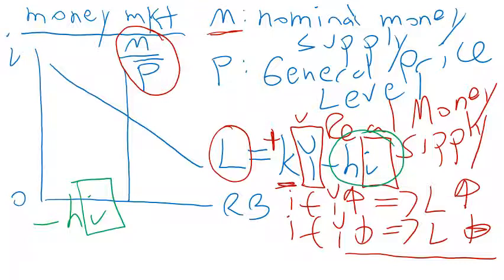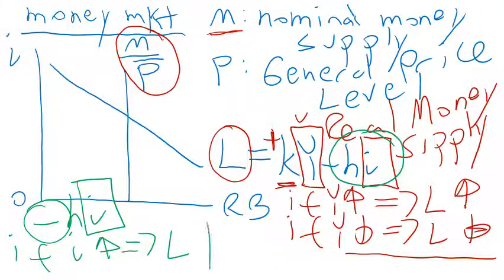So in this case, given the negative sign, it's a negative relationship, which means that if the interest rate goes up, well, what happens to money demand? It goes down. And if the interest rate goes down, then the money demand goes up.